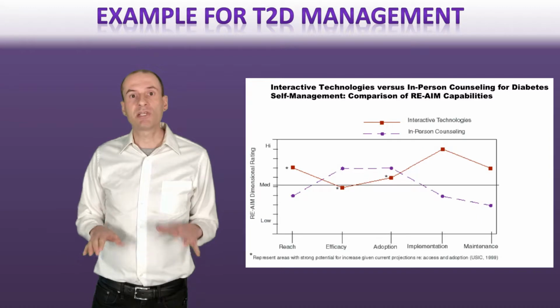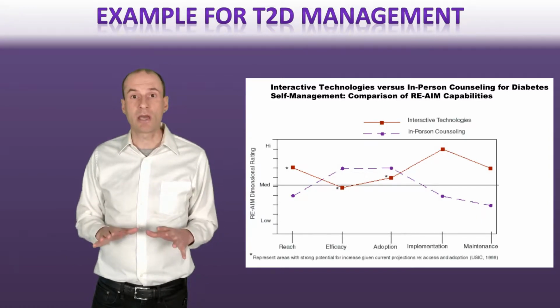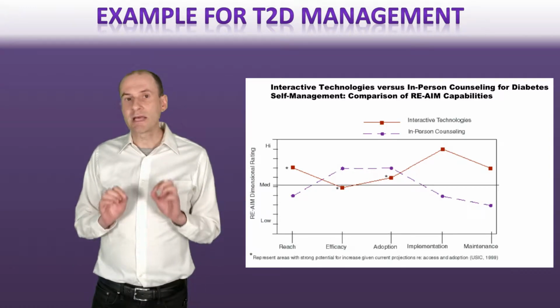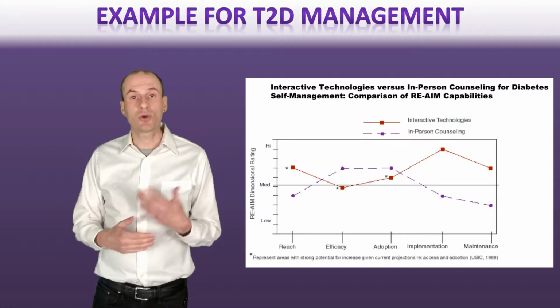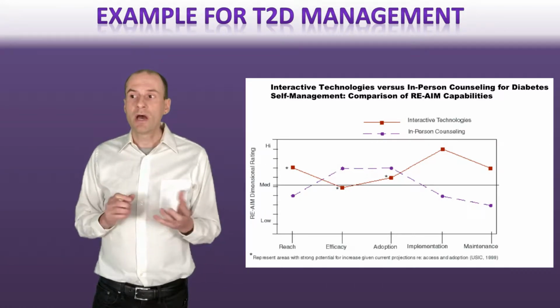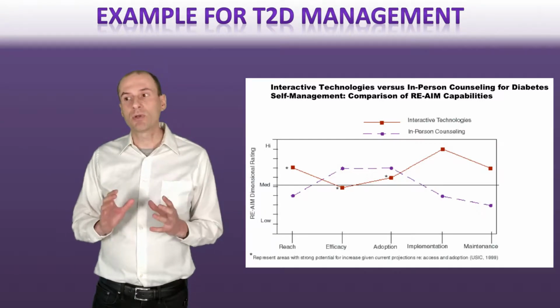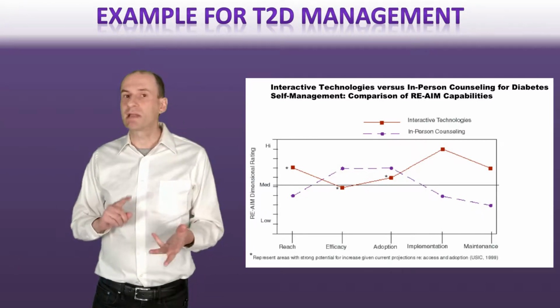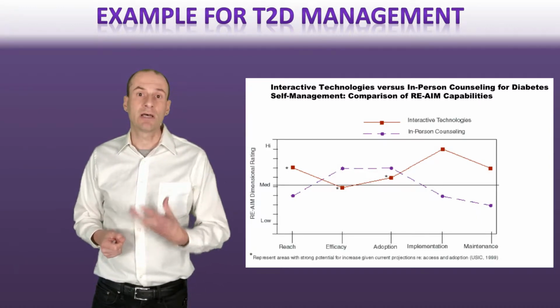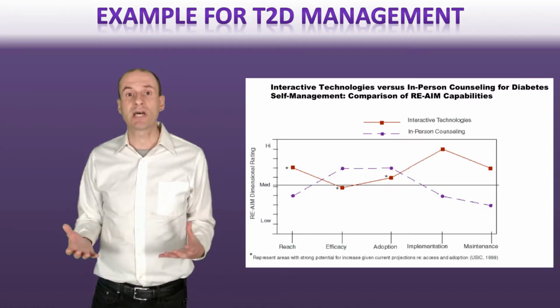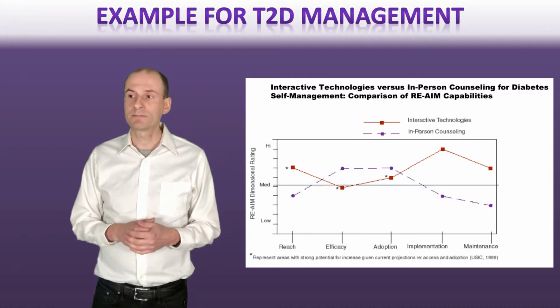There's certainly situations where in-person counseling is the right way to go. But what I'm saying here is that thinking carefully about this will help you to maximize the likelihood that your intervention is going to work. So thinking about those different components, making sure that it reaches as many people as possible, that you can maintain it over time, considering those different factors is an important consideration when you're designing your approach.